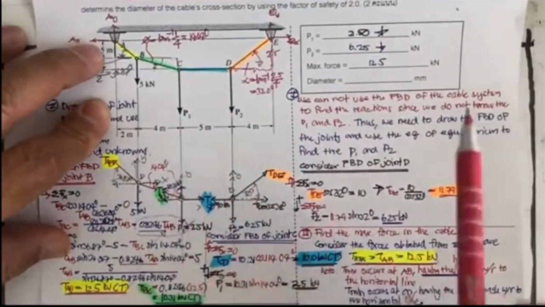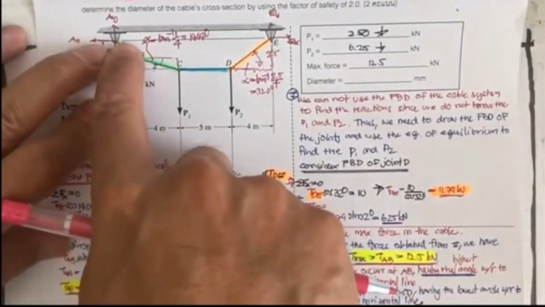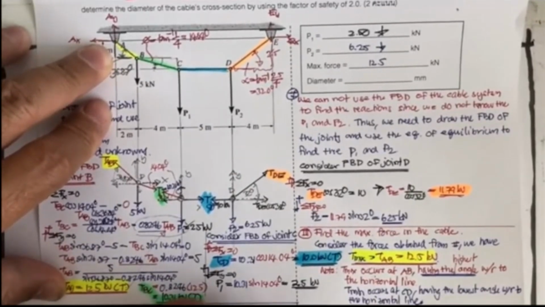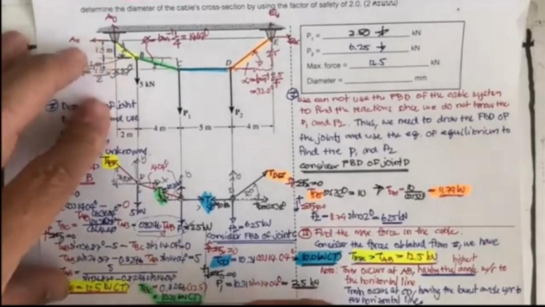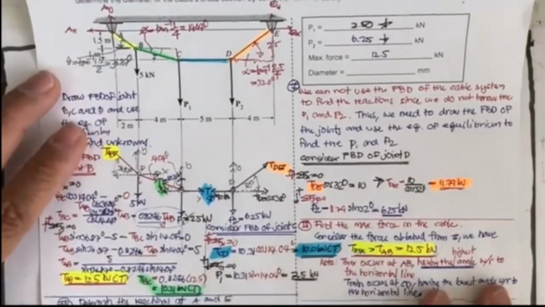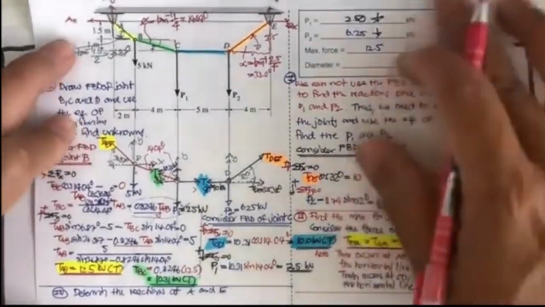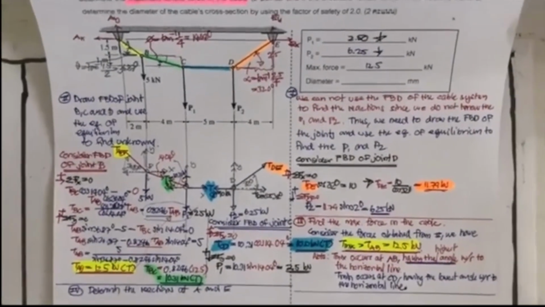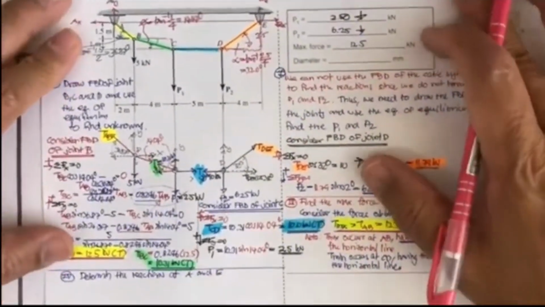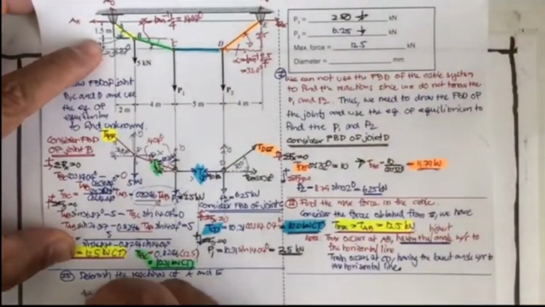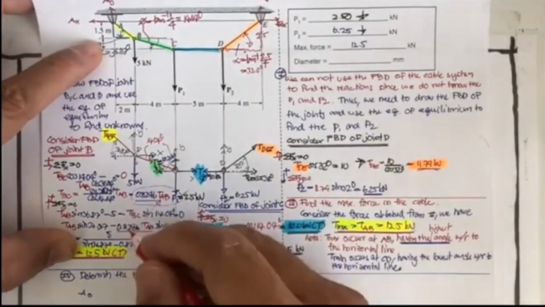Now we can calculate the reaction, for example, at point A. Let us consider the free body diagram of the joint A. You have this is the A, and you also have the force.